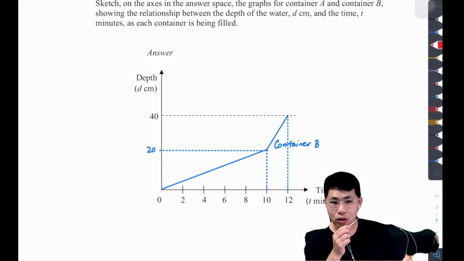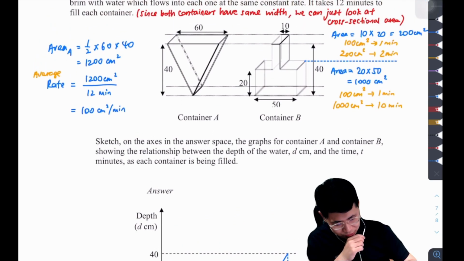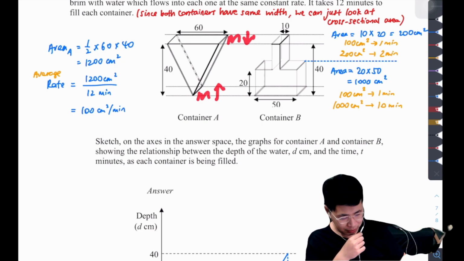So what about container A? Container A is going to fill in much faster over here. This part is actually narrow, so the gradient is higher. The one on top, because it is wider, the gradient is going to be lower. So the bottom is going to be steep, the top is going to be less steep.